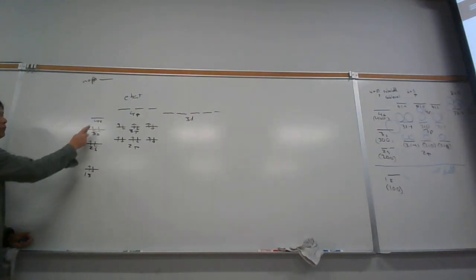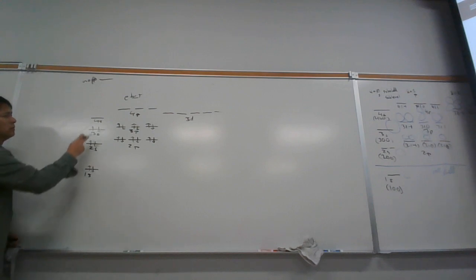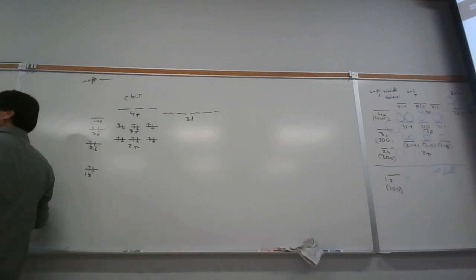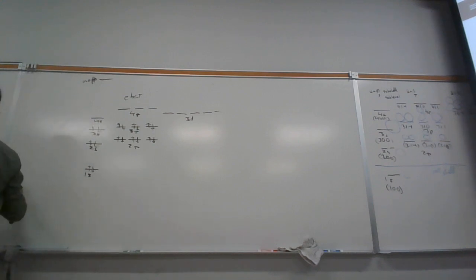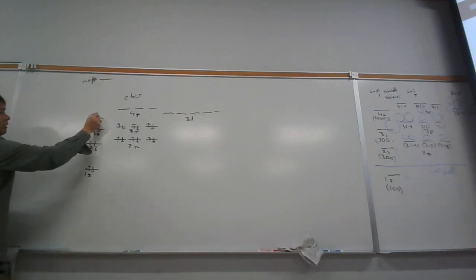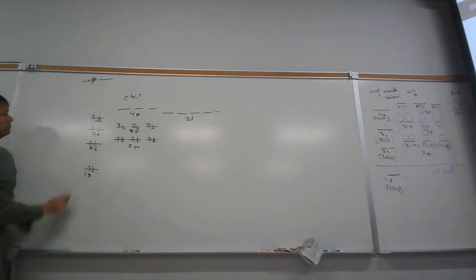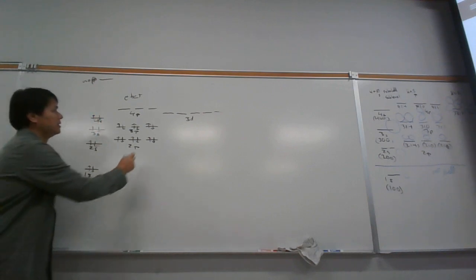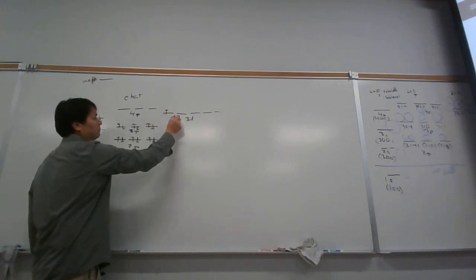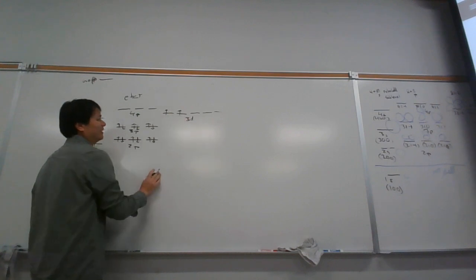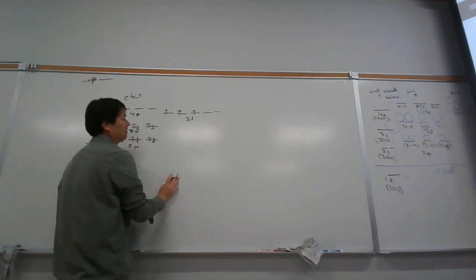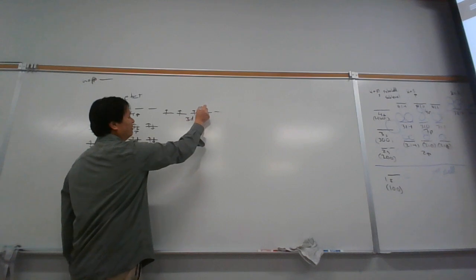Now we're going to fill the 4th shell. And so below sodium is potassium. Potassium is going to have 1 electron in the 4s, and then calcium, and then scandium, titanium, vanadium, chromium.